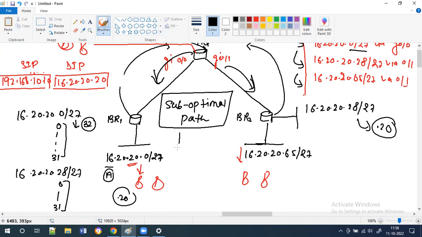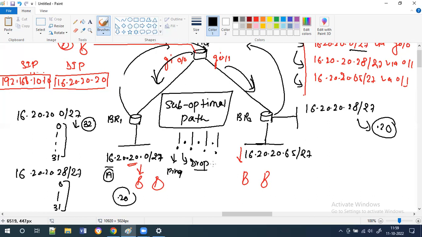The symbol for this: if you see this kind of behavior, reply, then drop, reply again. This is the ping reply, this is the drop. If you get reply, then drop, reply and drop, reply and drop, this is the behavior of the suboptimal path. If you get this kind of response in the ping, that means it's a suboptimal path.